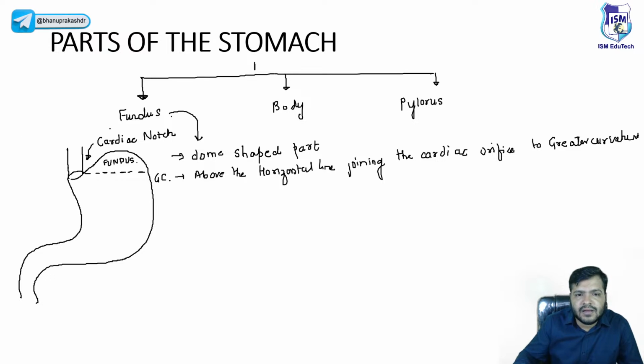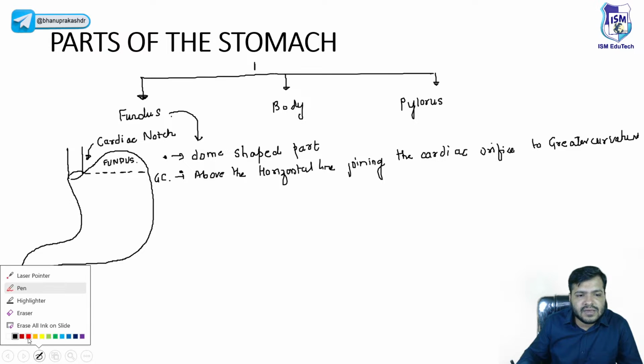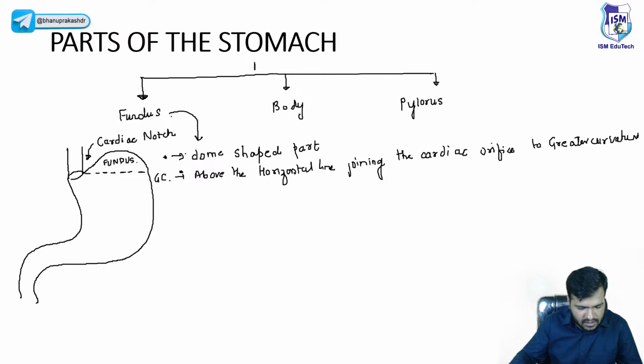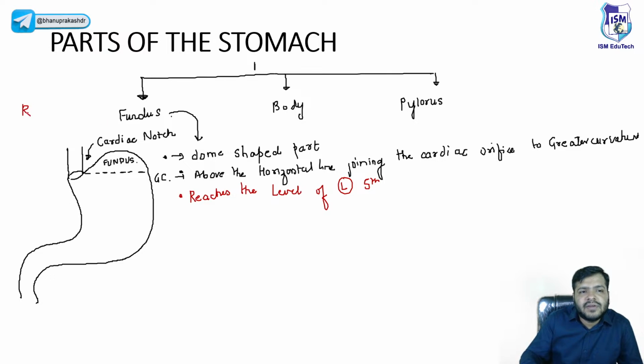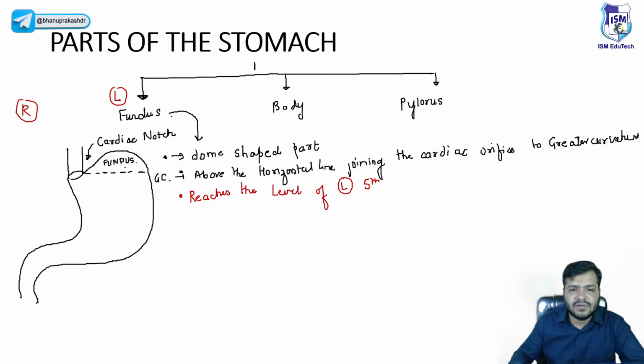Now this fundus, beta, there are two important things that you have to remember about this. One is it reaches the level of the... left, because this is the left side, see, this is the right side, so this is the left side, and the fundus is towards the left side. So it reaches the level of the fifth intercostal space.